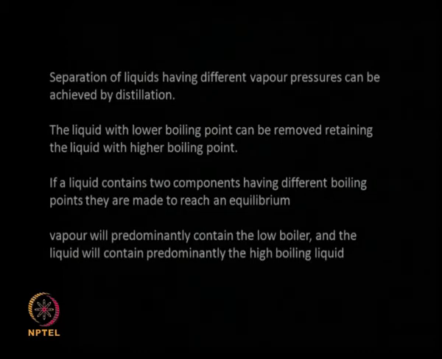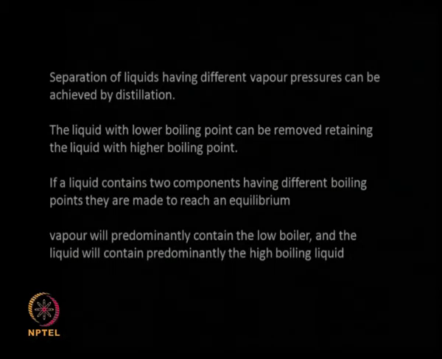By doing this, I am creating an equilibrium between the vapor phase and the liquid phase. So the vapor will predominantly contain the low boiling component and the liquid will predominantly contain the high boiling component. Okay.